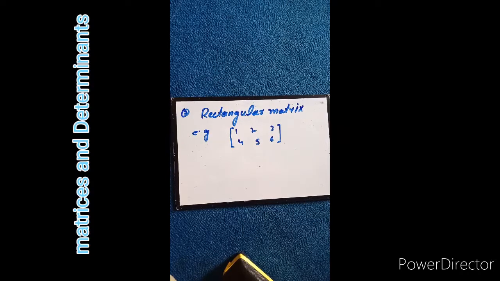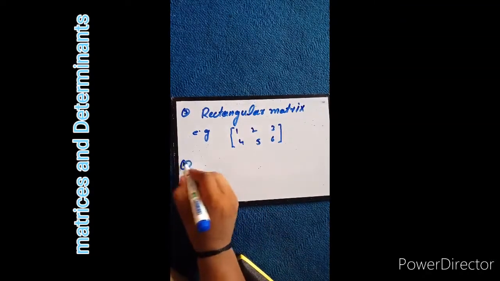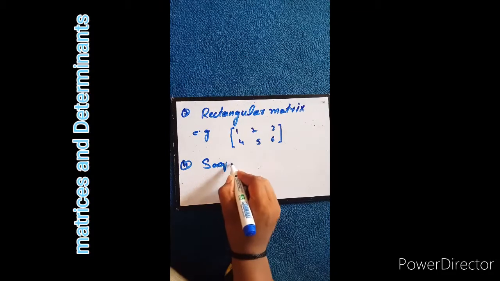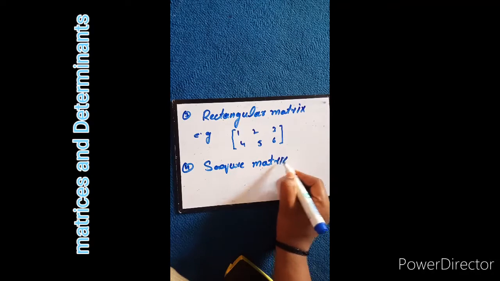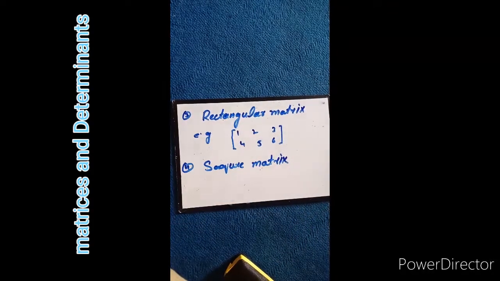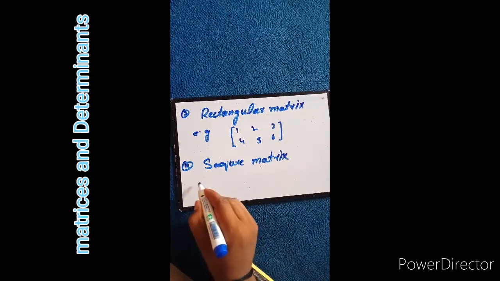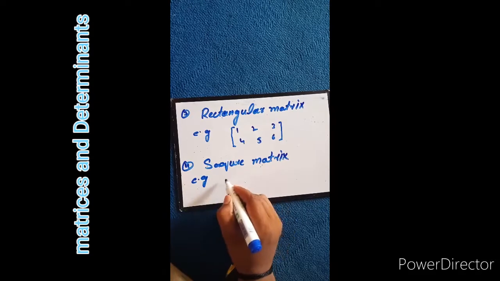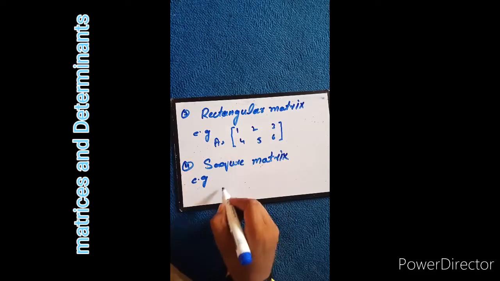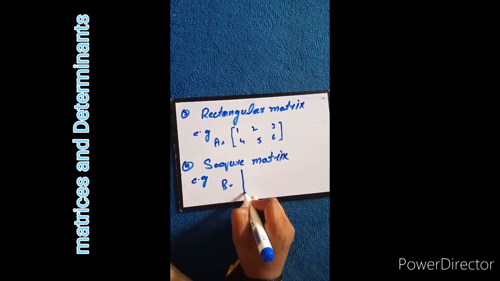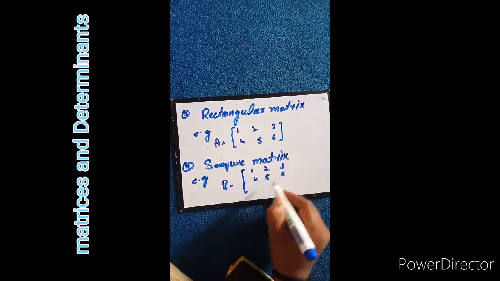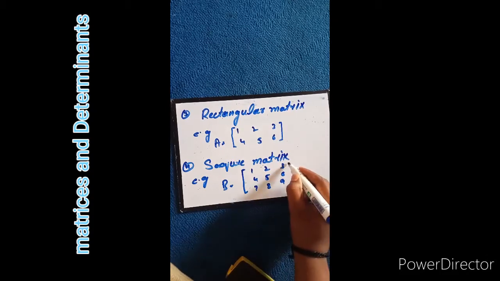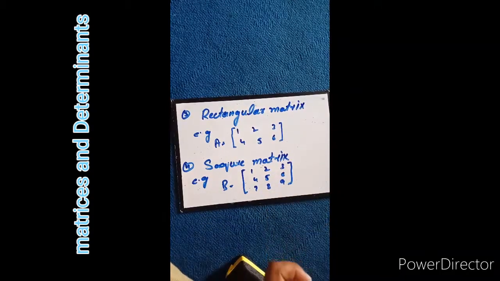The fourth one is the square matrix. So an example of a square matrix is, A is a matrix, B is a matrix, 1 2 3 4 5 6 7 8 and 9. This is an example of a square matrix.